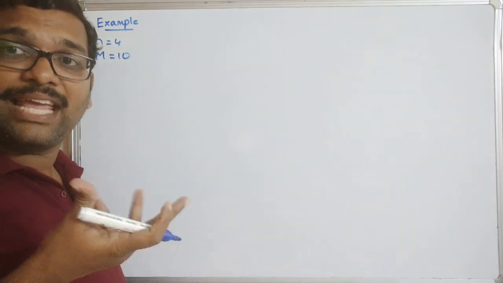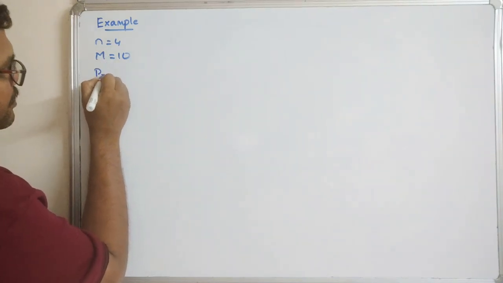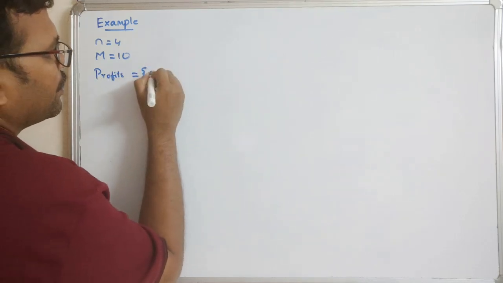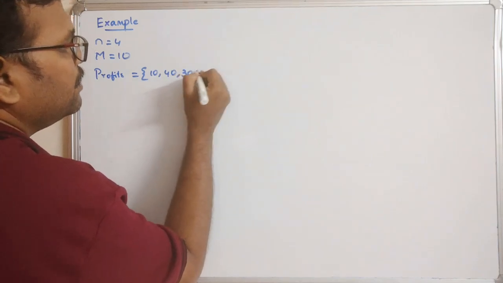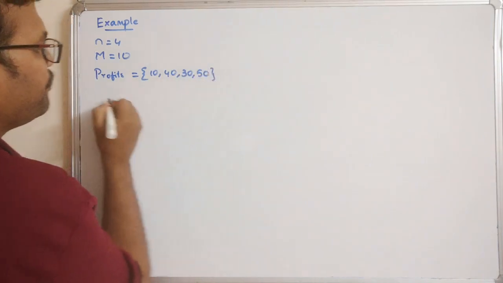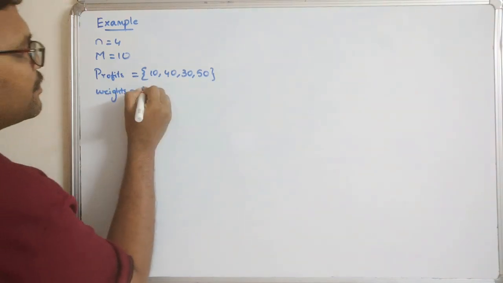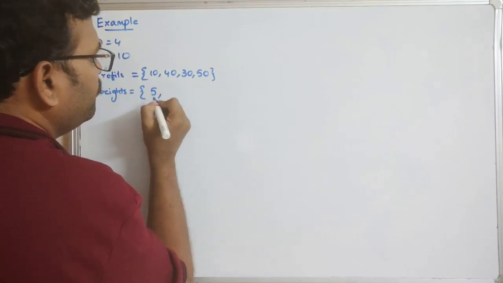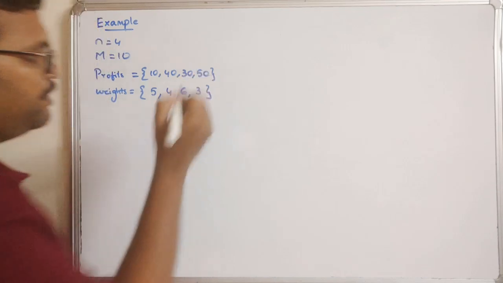Okay, the sack capacity is 10, and then profits are 10, 40, 30 and 50. And weights, what are the weights? 5, 4, 6 and 3.